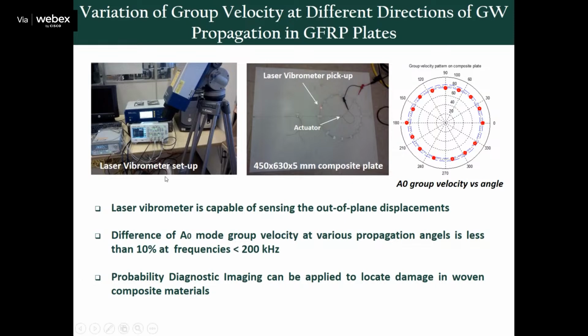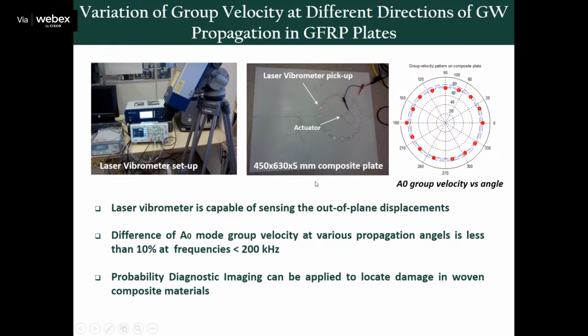The laser vibrometer gives you the measurement from a standoff distance. You can also have the actuator and receiver pair here to pick up the readings from the guided wave propagating from the actuator location to the receiver location.